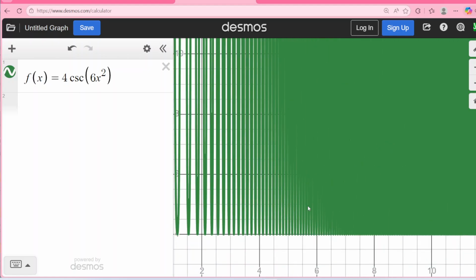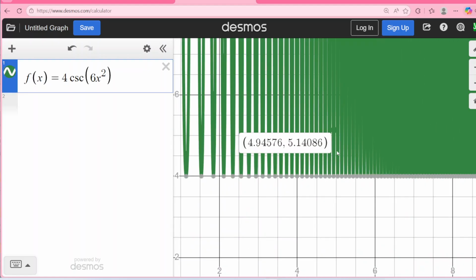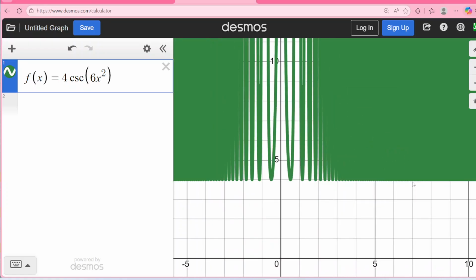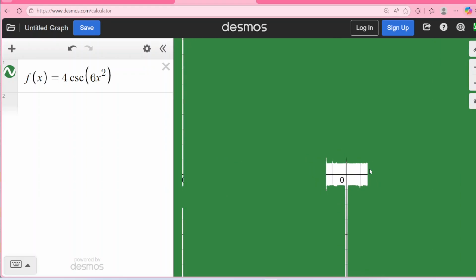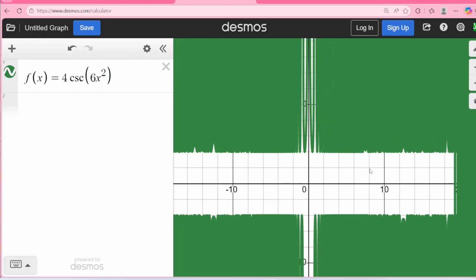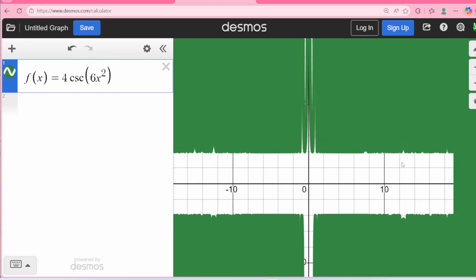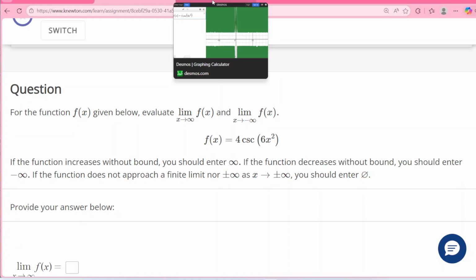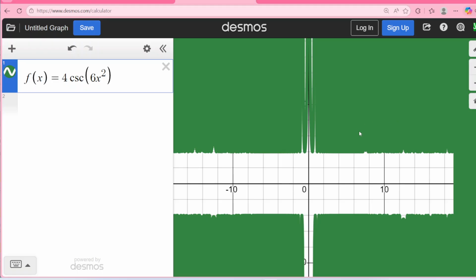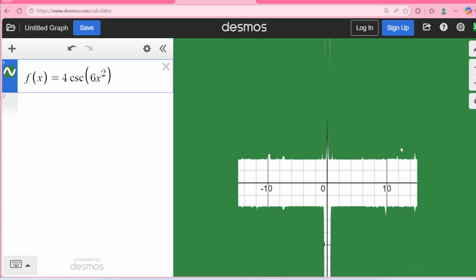As you go to the far right, this is not good. Look at all that green. The graph to the far right is not approaching anything in particular, right? You're not going up forever. You're not going down forever. You're not approaching some horizontal line. So this limit doesn't exist.